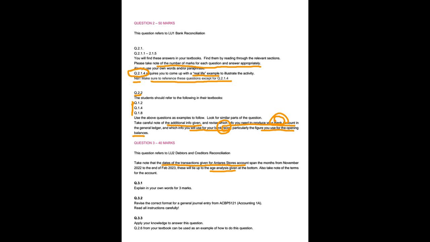So that means if you want to increase the amount that your customer owes you, you must put the amount in the debit column because assets increase on the debit side. If your customer pays you some money or you give a credit note and you want to decrease the amount your customer owes you, that will go in the credit column because assets decrease in the credit column.